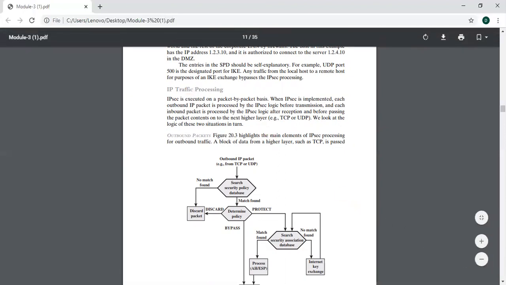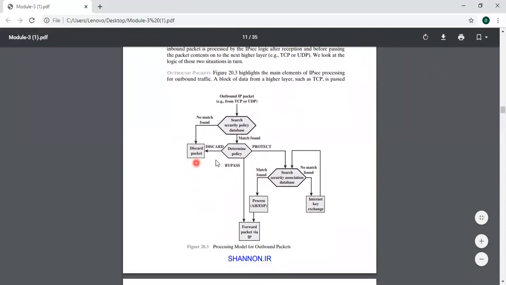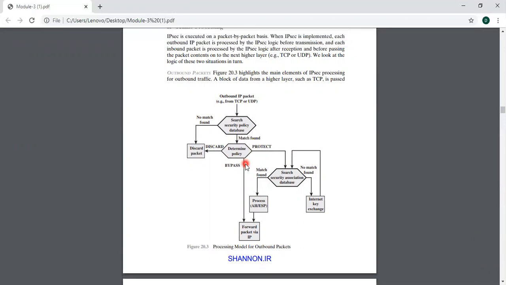Here you can see the diagram for outbound packets, the transmission part. We take the packet to the security policy database, where we check the policies. If the policy is matched, we send it to the next block and determine the policy. If the policy is not matched, the packet is discarded.